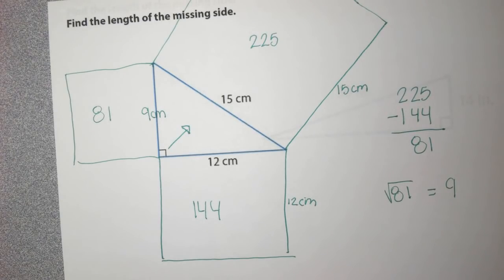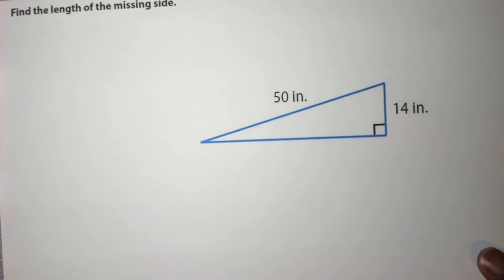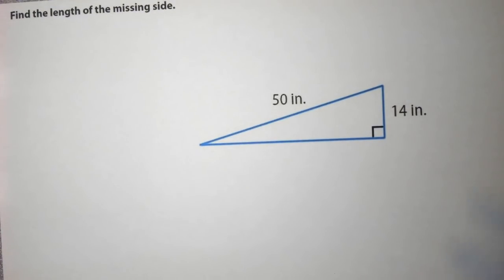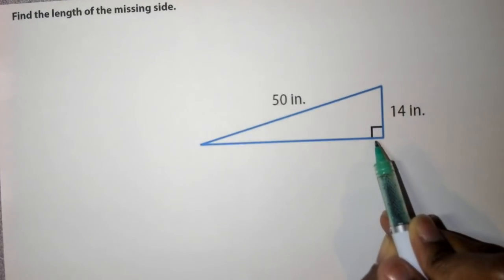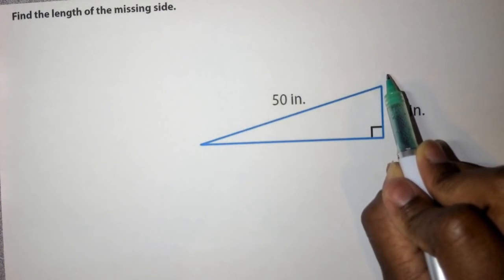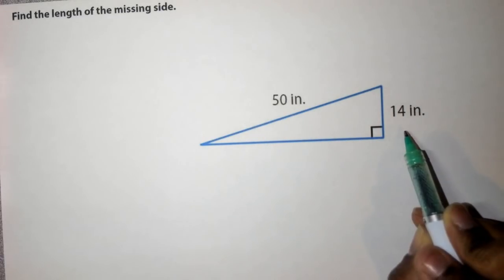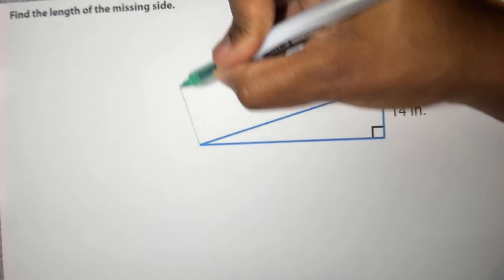Let's try one more like that. In this case, I have a 50-inch side, I have a 14-inch side, and a side that I don't know. Now again, I'm going to make my squares.